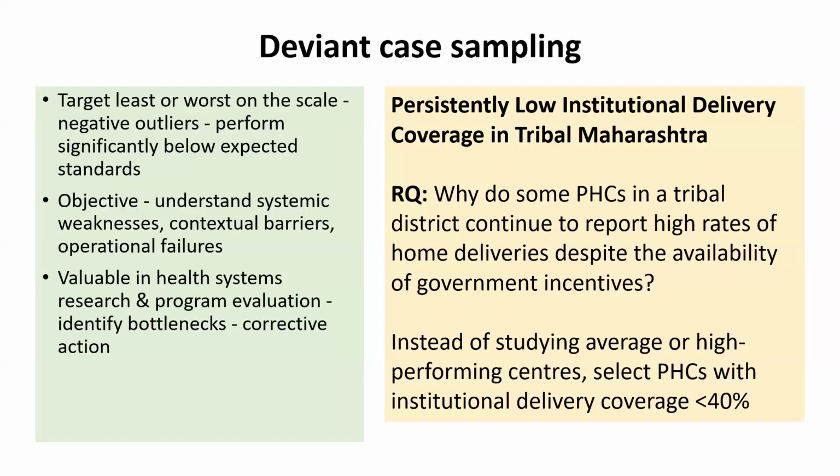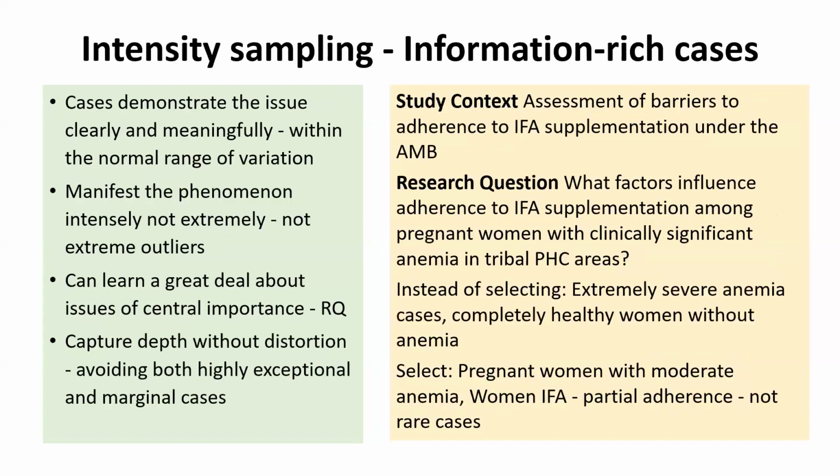One we saw was extreme case sampling, where we look at extreme positives, and then we have deviant case sampling, where we look at the extreme negatives. So naturally, when you say that I want to study the barriers and facilitators of XYZ, I will choose some extreme cases and some deviant cases to find out what are the facilitators in the former and the barriers in the latter. The third kind of sampling is known as intensity rich sampling.